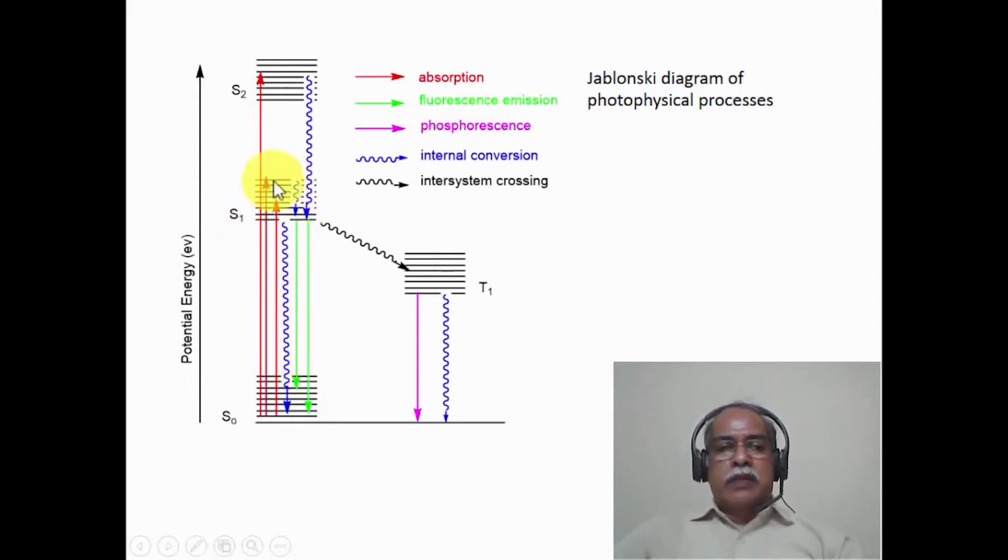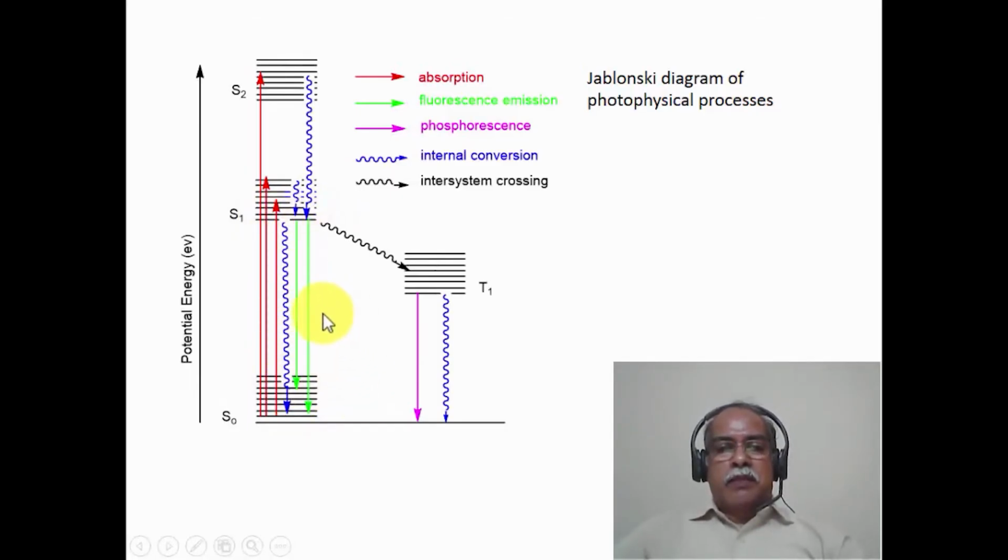Suppose the molecule is excited to the various vibrational levels of the S1 level. Before it can undergo any other photophysical processes, the excited vibrational levels will come to the 0th vibrational level of the excited state according to Kasha's rule, and whatever photophysical events take place, take place from the 0th vibrational level to the ground state of the molecule.